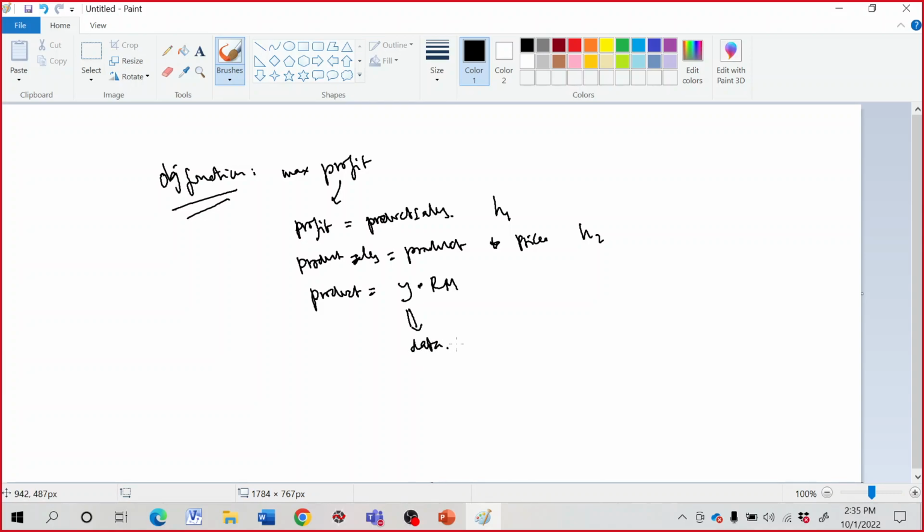This is another variable I can write down. So profit in this case is product sales, minus, I forgot to put the minus, the raw materials, and then minus the operating costs, for example. This raw material is a variable that we want to find.